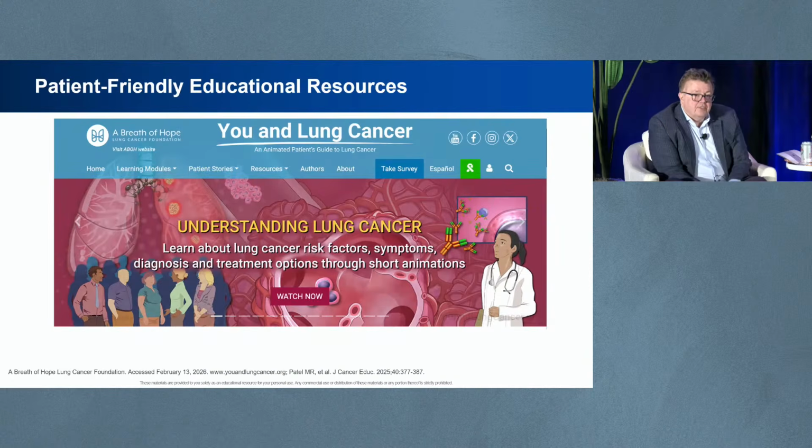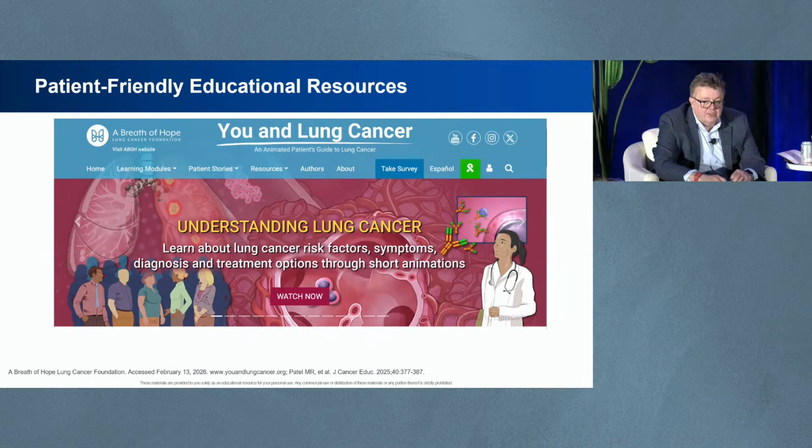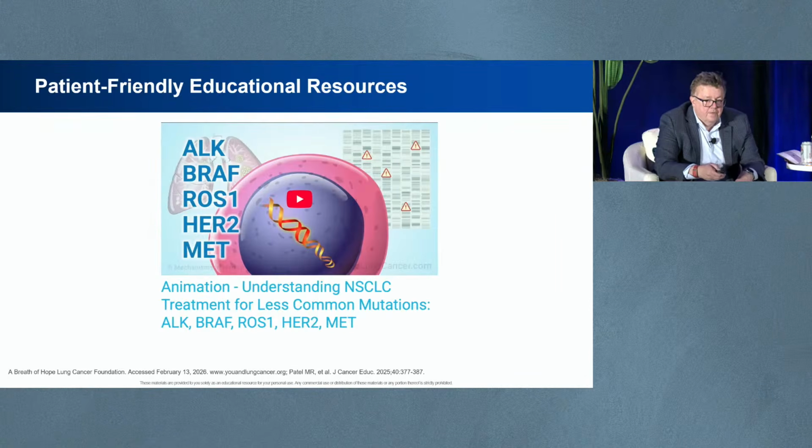There are also patient-friendly educational resources available for patients, and I wanted to highlight some of them. This one is called UN Lung Cancer. It is a web-based platform developed by the Breath of Hope Lung Cancer Foundation, written in patient-friendly language. There are animations, and there are sections on biomarker testing and understanding what these biomarkers are all about.